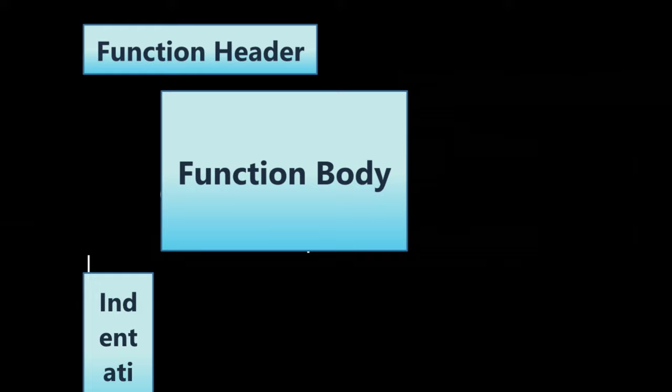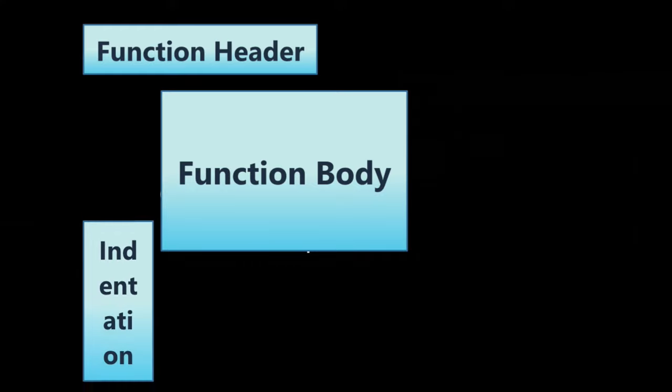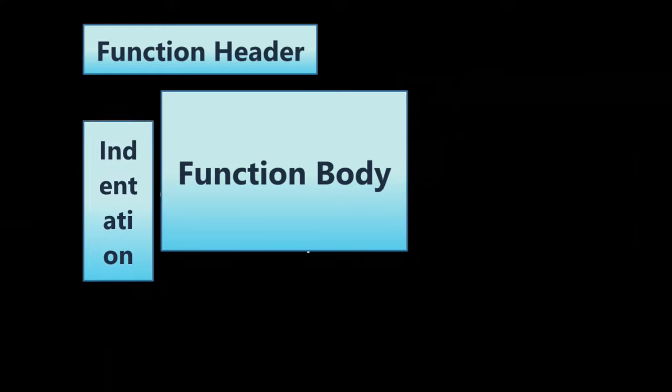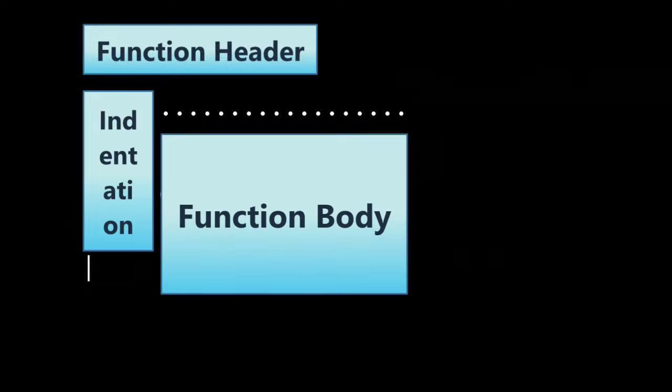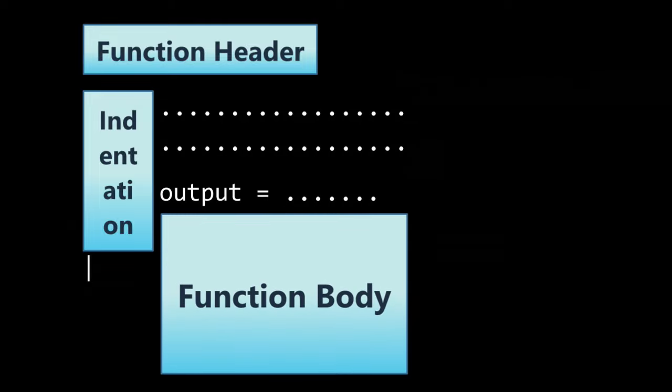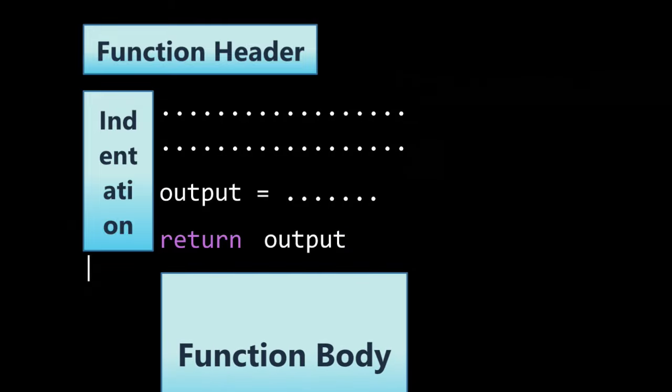And the last one is the function body. That is the important thing. This is the program that is running behind the scene, or this is the program which converts the grass into a milk.